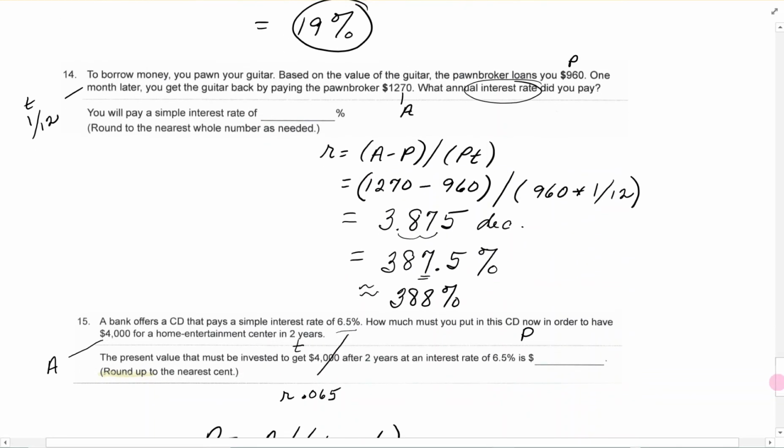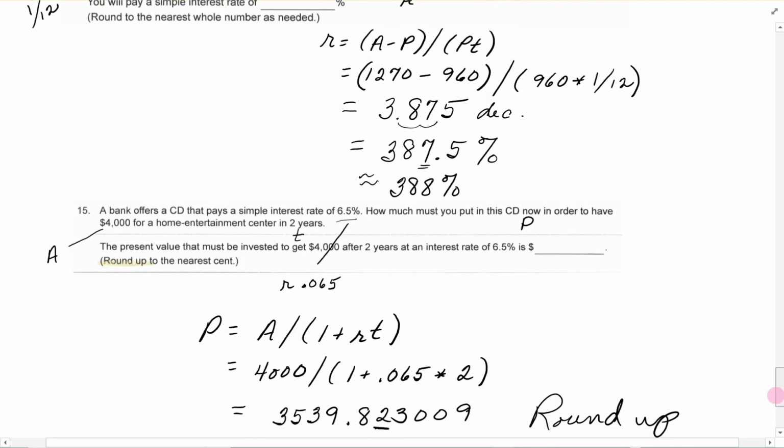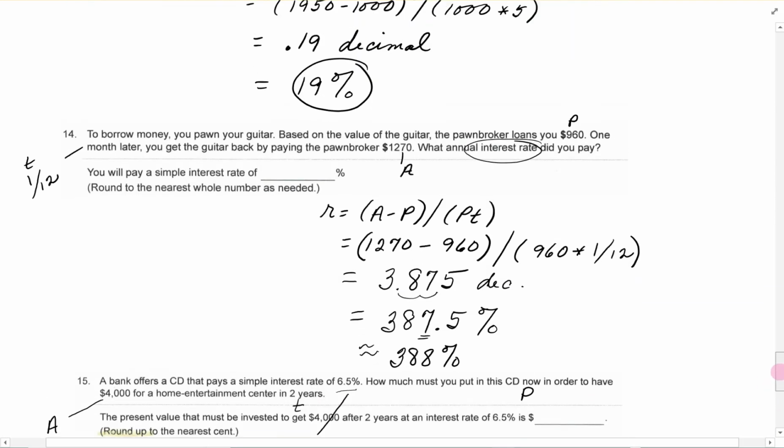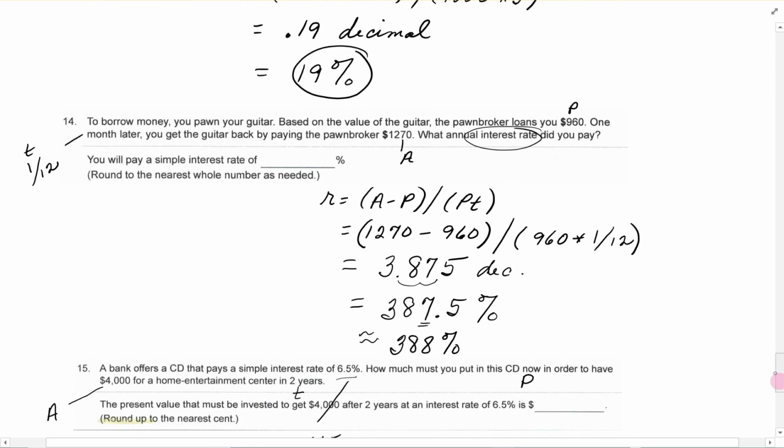All right, let's look at number 14. To borrow money, you pawn your guitar. Based on the value of the guitar, the pawnbroker loans you $960.